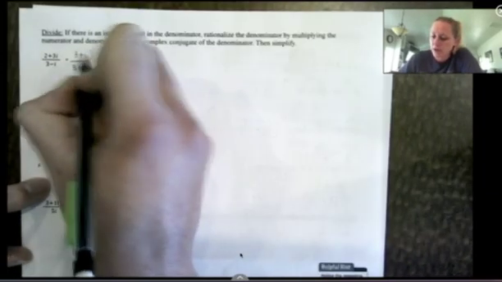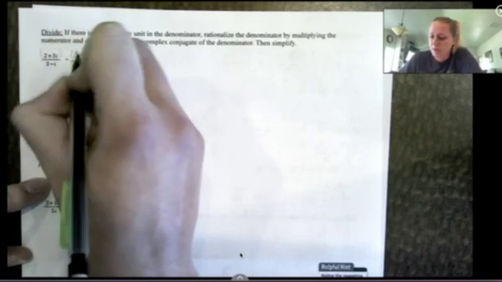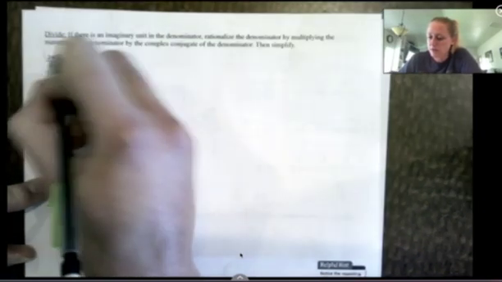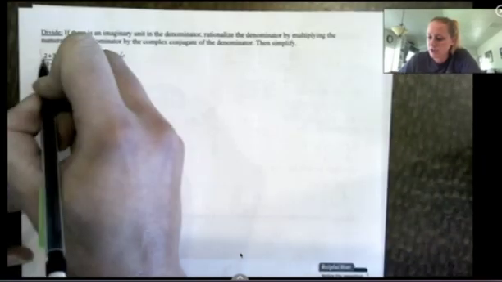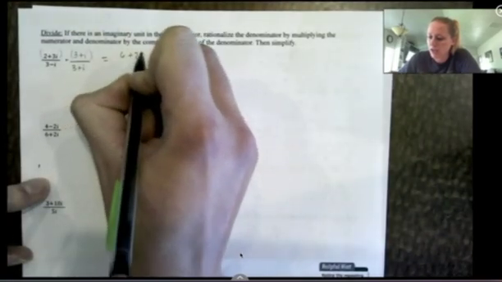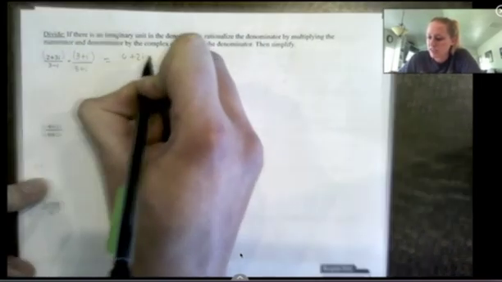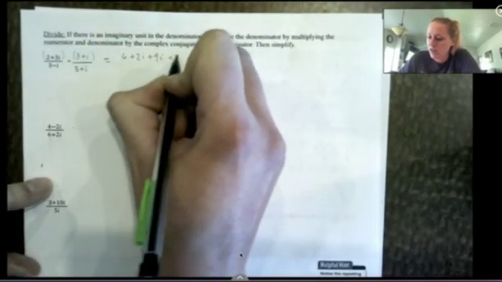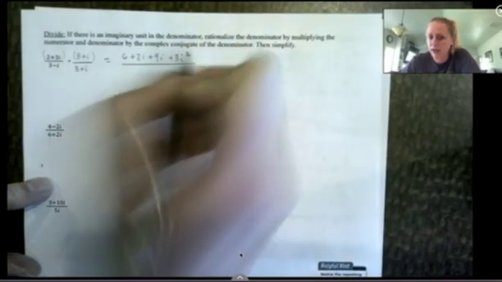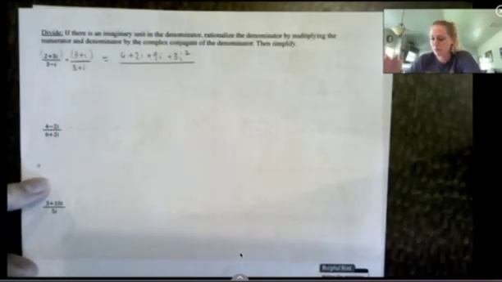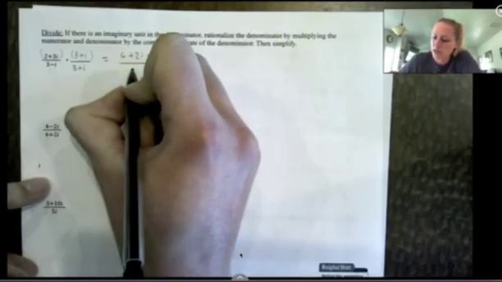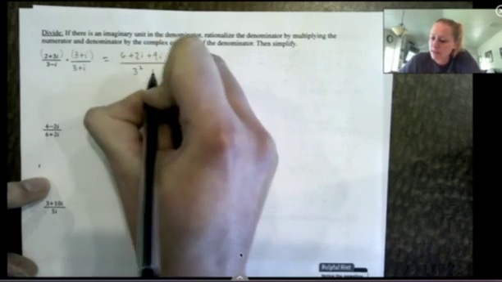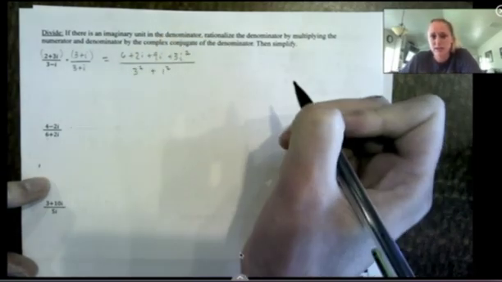So on the numerator, we're distributing, okay? So 2 times 3 is 6. 2 times i is 2i. 3i times 3 is 9i. And 3i times i is 3i squared, okay? On the denominator, we're multiplying conjugates together, so we can use that shortcut, a squared plus b squared, okay?